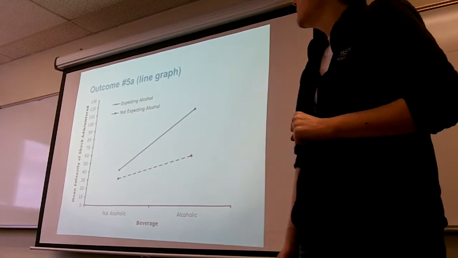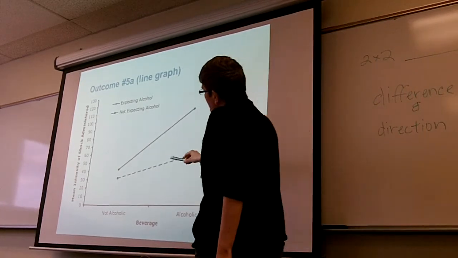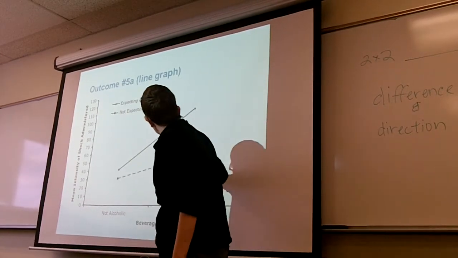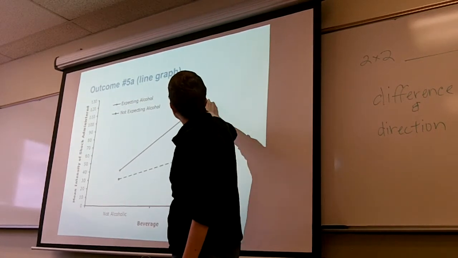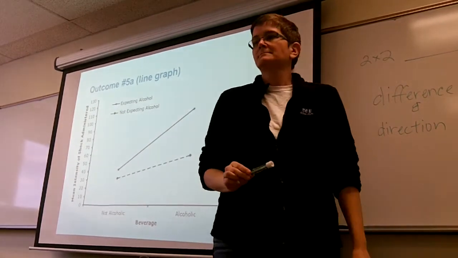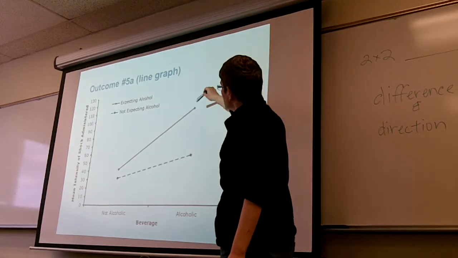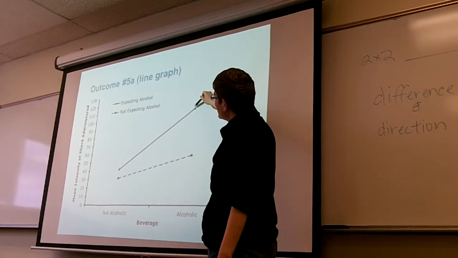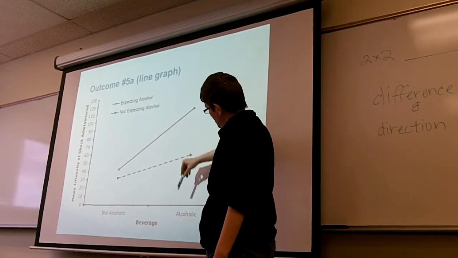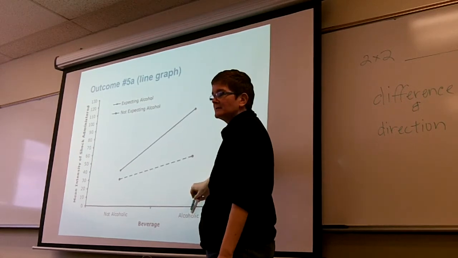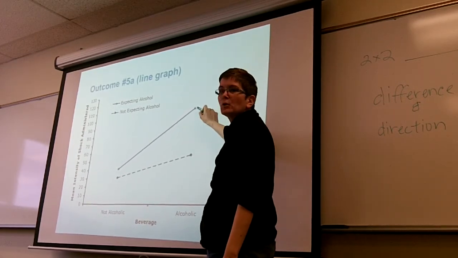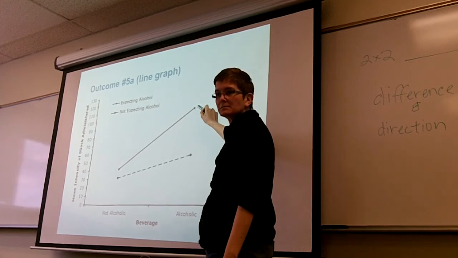That seems to be more different? So this is about 30, this is about 40, this is about 50, and then this one is 100. This up here is expecting alcohol and got alcohol. So these are the drunk people who were expecting to get drunk.